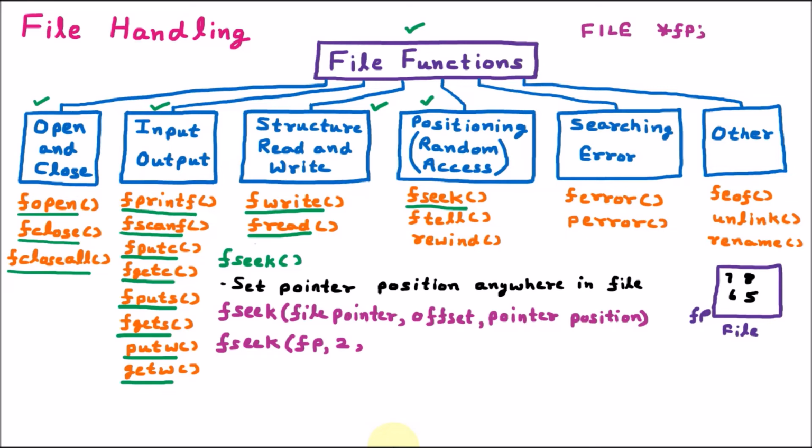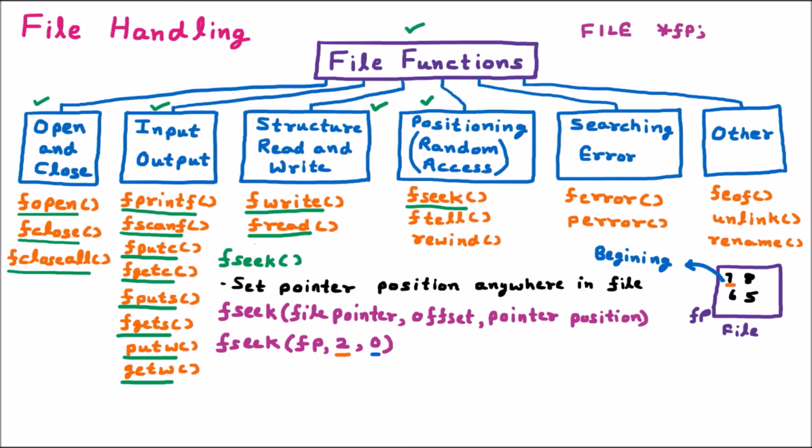Let's assume that the pointer position is 0 right now. Here 0 signifies beginning, that means starting of the file. This is called 0 or the beginning. We are assuming that every digit here, 7865, is of 1 byte. So 2 means moving by 2 bytes forward.